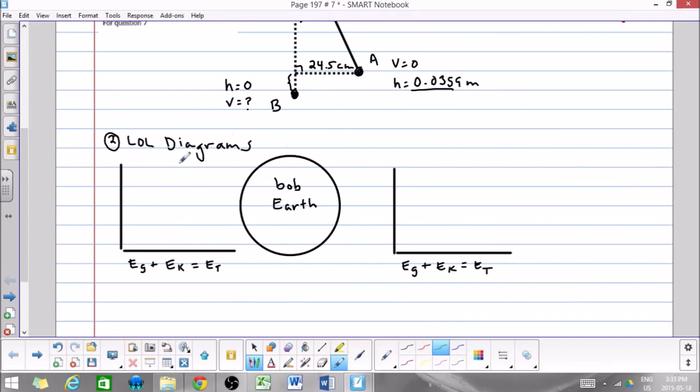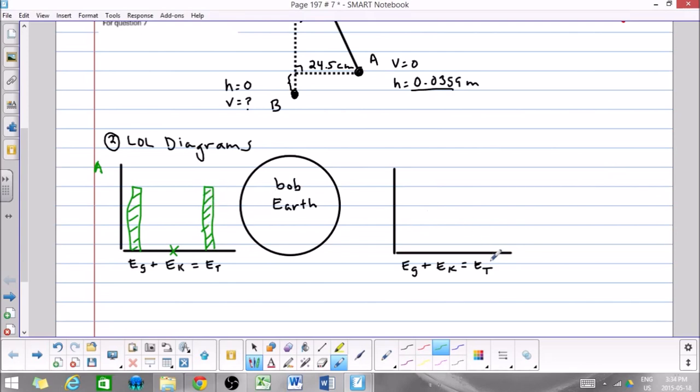In the first position, there's A. We have no kinetic energy because v is 0. And the gravitational potential energy is equal to the total mechanical energy.